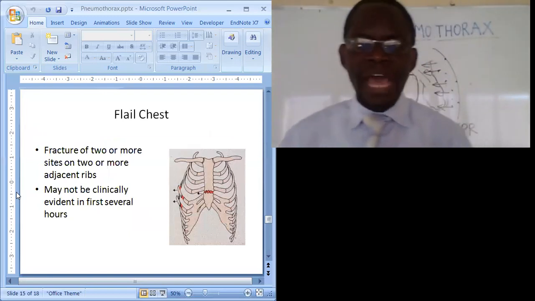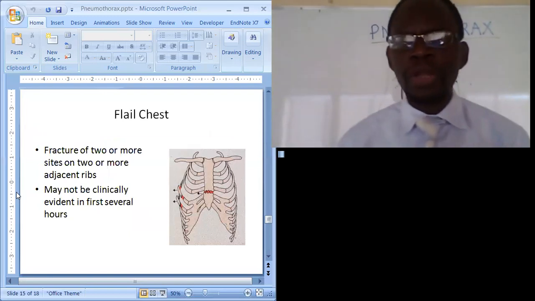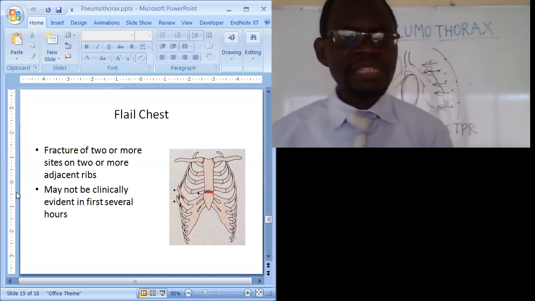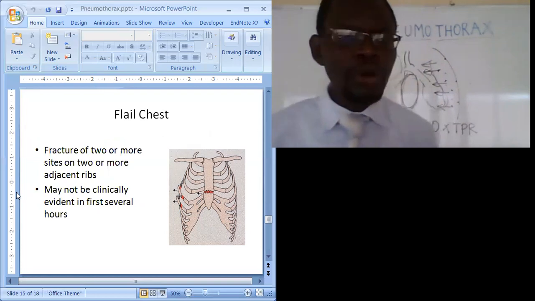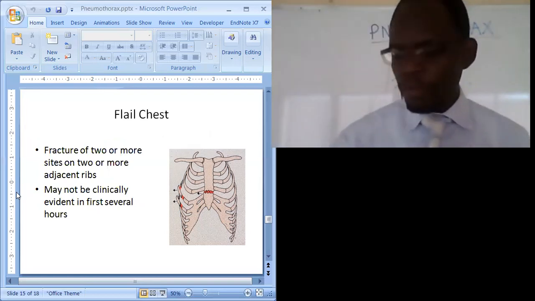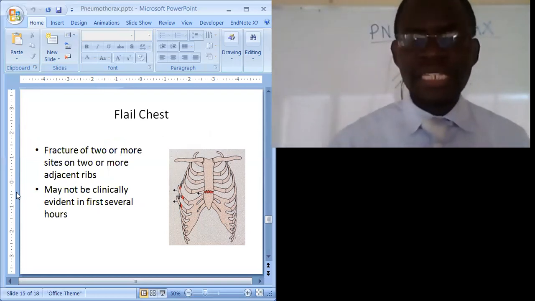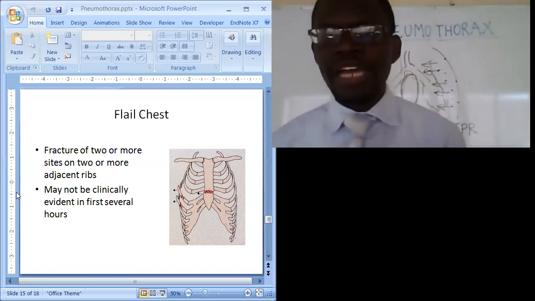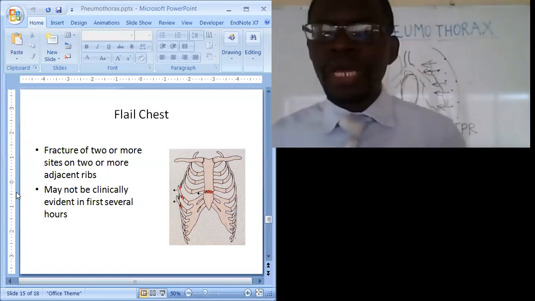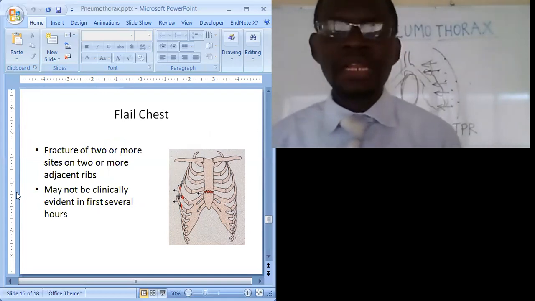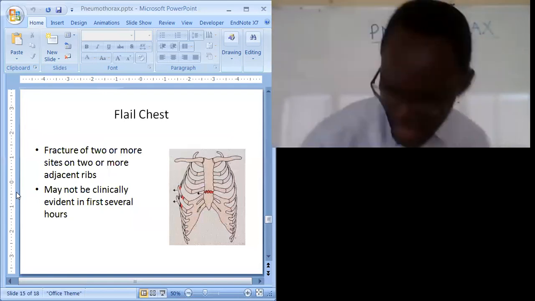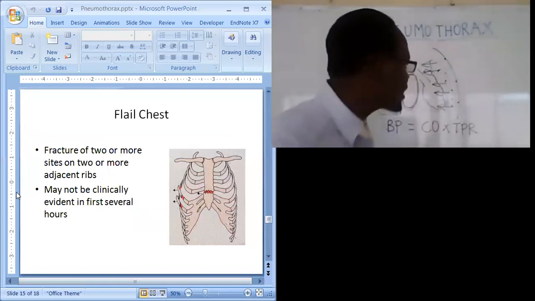Now the other thing we want to talk about is what we call a flail chest. A flail chest is basically a fracture of two or more sides of the ribs, of adjacent ribs. So when you have two or more sides of adjacent ribs being broken, is what we refer to as a flail chest. And it might not be clinically evident at the start.